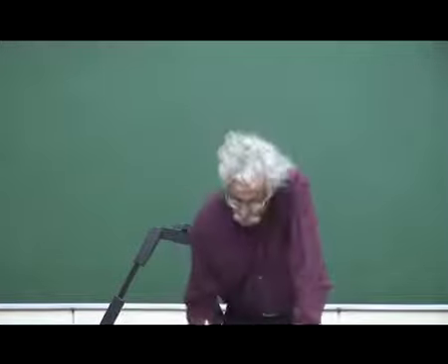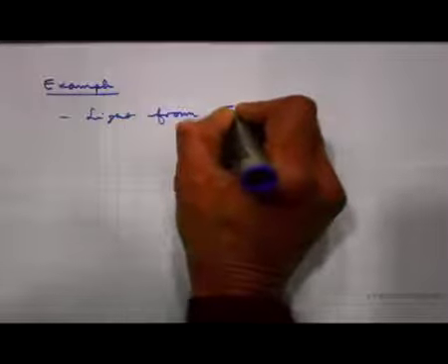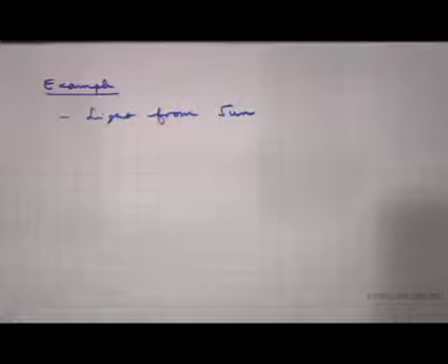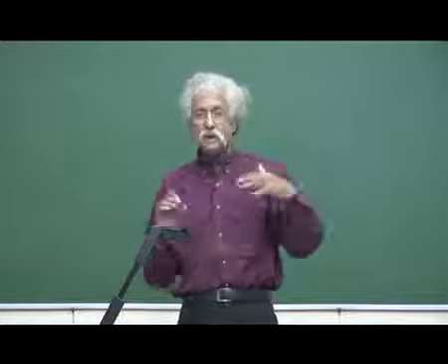The first example which I want to look at is sunlight, light from the sun. Light is an electromagnetic wave. The sunlight is falling on the earth. As it comes from outside the earth, it is much higher, but as it propagates through the earth's atmosphere, it gets scattered.